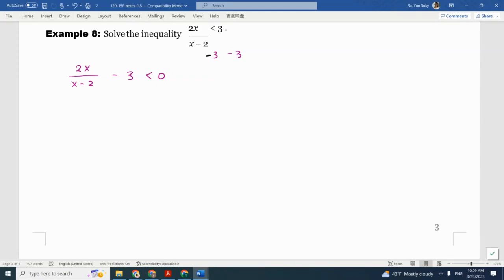What is the common denominator? x minus 2. Right. So this is x minus 2, 2x, and the 3, we divide it by x minus 2 and multiply by x minus 2. So far, so good, everybody?